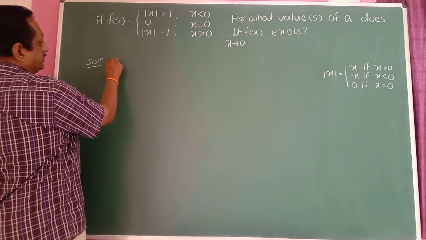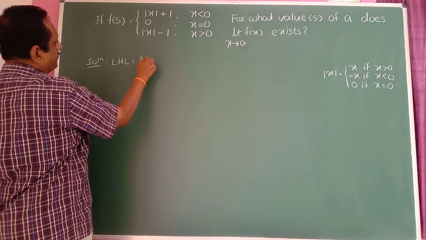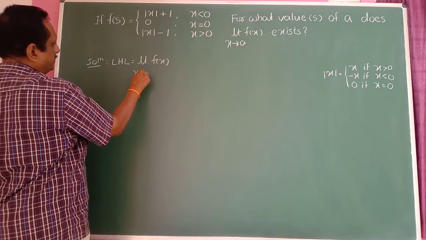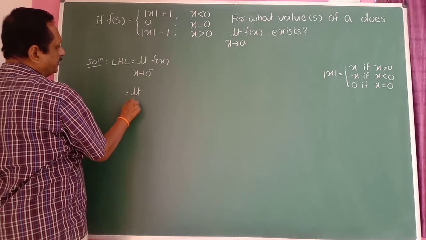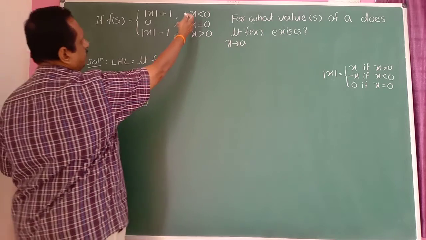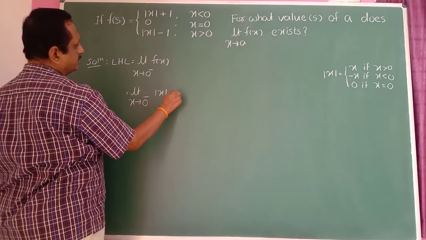Therefore, take the LHL. LHL is equal to the limit of f of x as x tending to 0 minus. Limit as x tending to 0 minus means x less than 0, and the function is modulus of x plus 1.